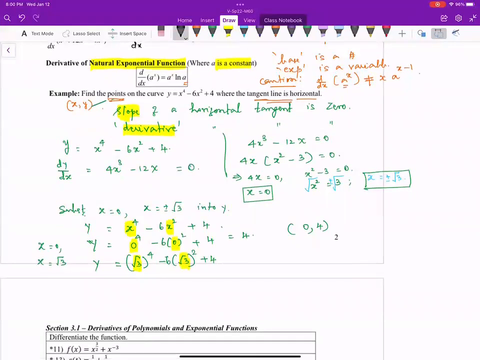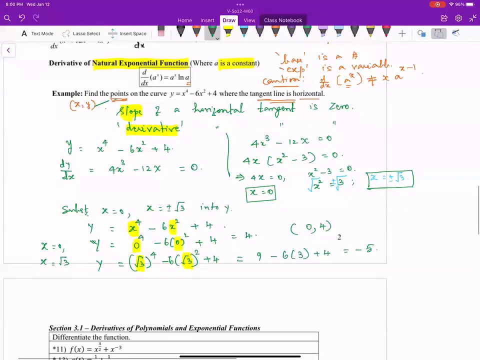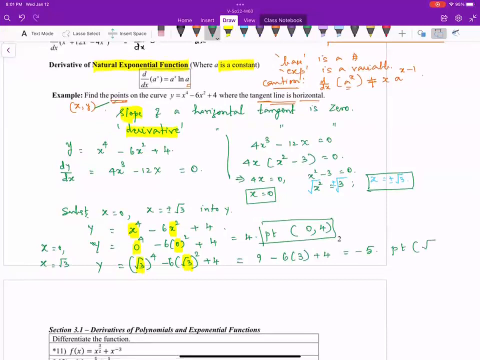What is root 3 to the power 4? Root 3 multiplied 4 times, which will be 3 times 3, 9, minus 6 times 3 plus 4. So it is 9 plus 4, 13, minus 18, which would be minus 5. So if we pair them, the point in this case would be root 3, negative 5.